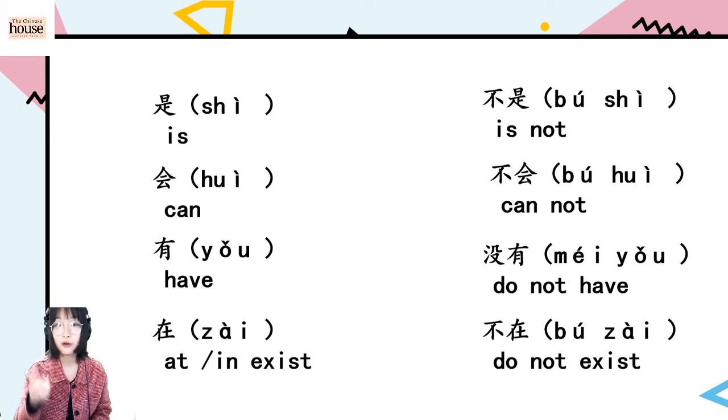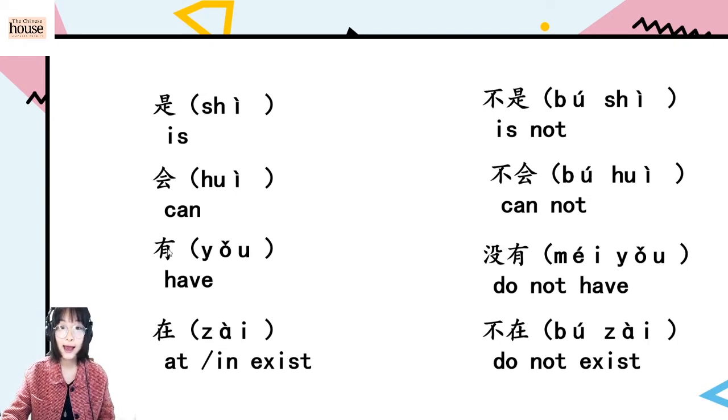When it's before first tone, second tone or third tone, you pronounce it 不 in the fourth tone. And if it's before fourth tone, it becomes second tone. So 不是, 不会, 不在. You just need to remember this situation first, okay?